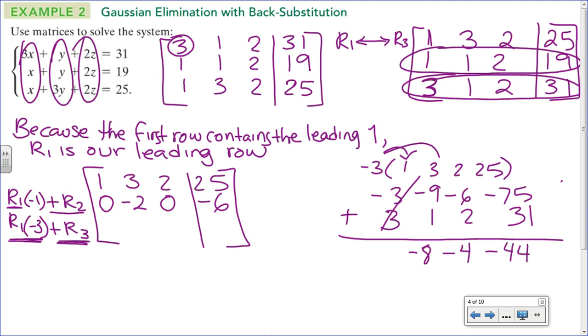Negative 44? Thank you, Andrea. So 0, negative 8, negative 4, and negative 44. If you guys catch a mistake, tell me as soon as you catch it. Okay? If we don't catch them quickly, then we'll just be wasting time.